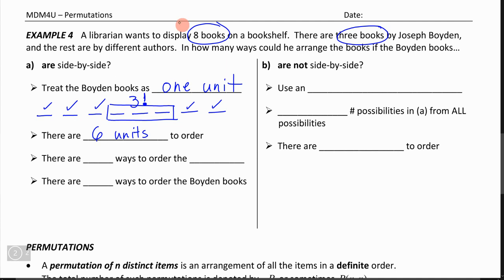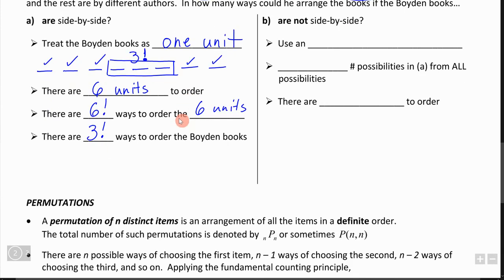So there are 6 factorial ways to order these 6 units. And there are 3 factorial ways to order the Boyden books amongst themselves. So how do we calculate the total number of arrangements?